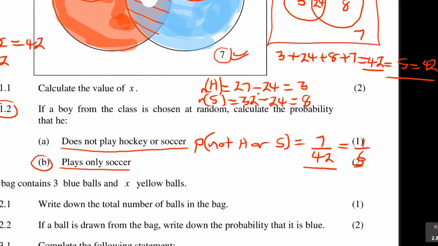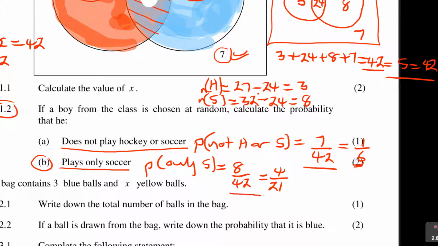So the probability of soccer only is equal to 8 over 42. And if you divide by 2, it will be 4 over 21.